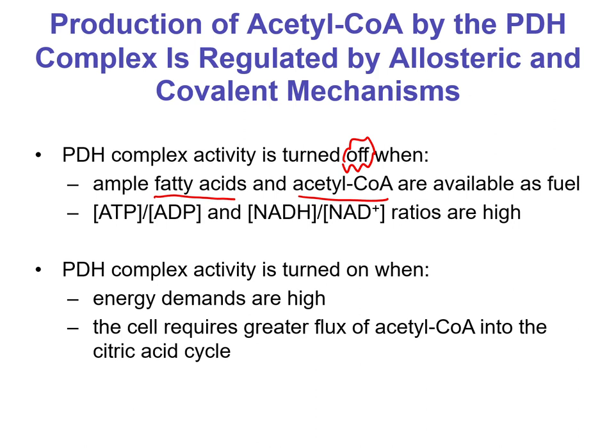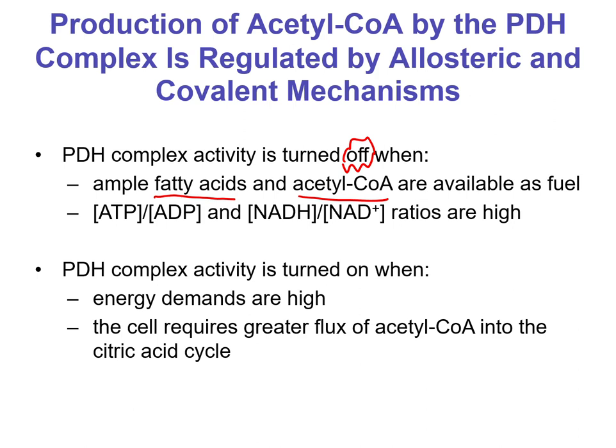Oftentimes you'll see these big complexes are inhibited by their product. And that is by design, so that you don't keep making the product and investing energy and resources when you already have enough. If you have a lot of fatty acids around, that also indicates that you're doing fatty acid synthesis, which implies that there's a lot of acetyl-CoA around as well.